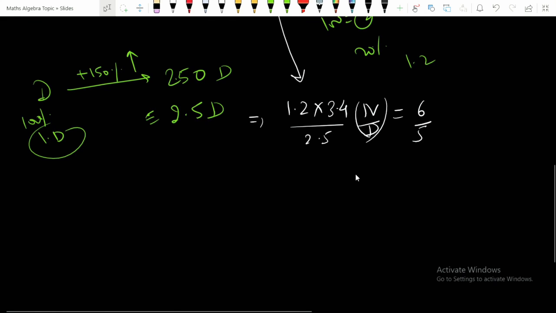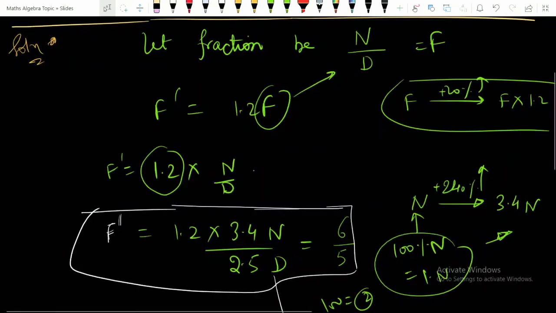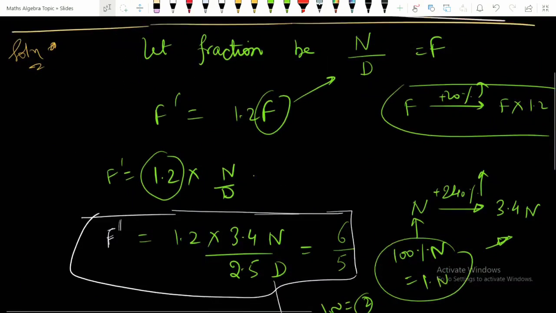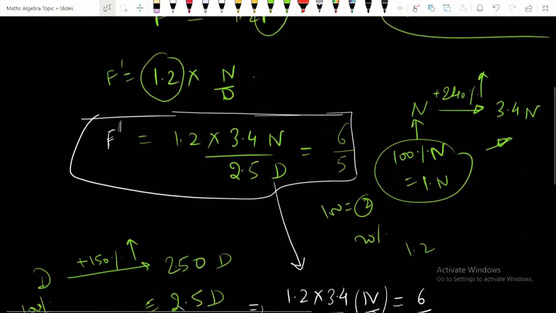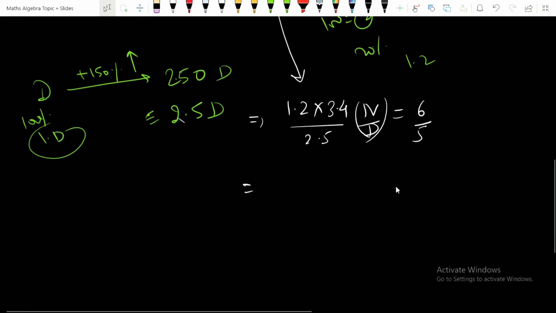See the steps, it may look haphazard on the blackboard, but revise the steps and see the video. So 1.2 into 3.4, you have to solve it.